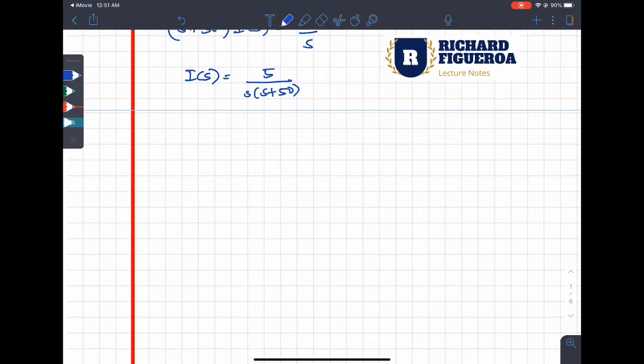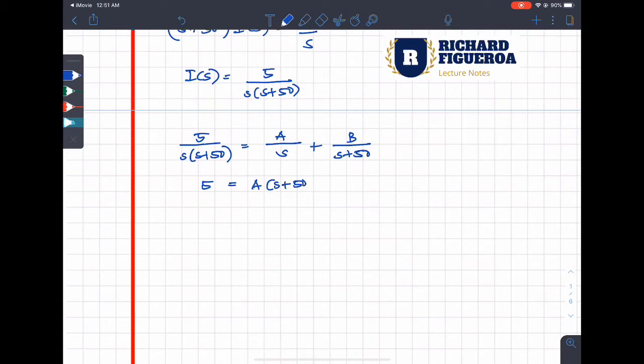To do that, we need to find the partial fraction decomposition. For 5 over s times s plus 50, that would be A all over s, plus B all over s plus 50. So 5 then would be equal to A times s plus 50 plus B times s.